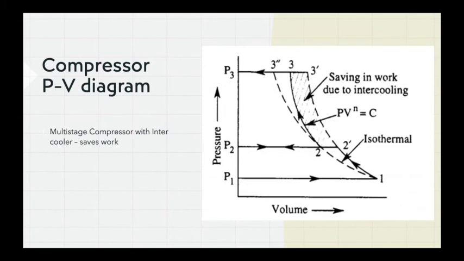At the point 2 dash, I've allowed this compressed air to pass through an intercooler where its temperature will get reduced to 2. At 2, again this air will enter into the HP compressor, or the second stage compressor I would say, and this air is compressed and it will reach the point 3. Now this is my final output, which would be at the point 3.